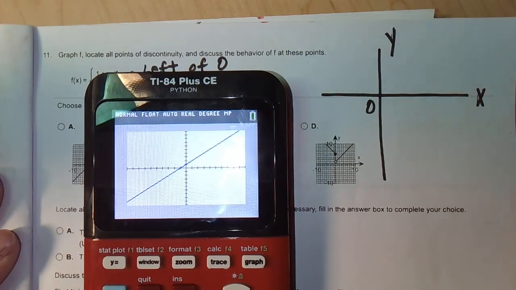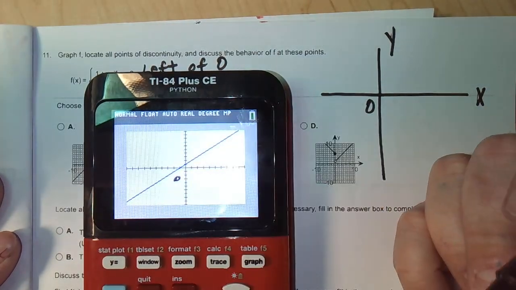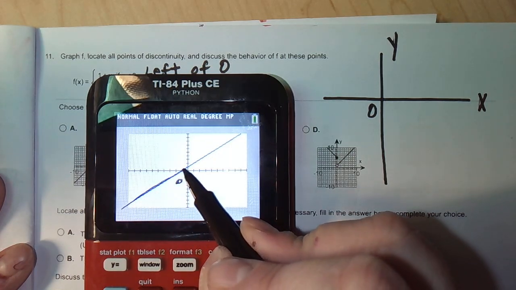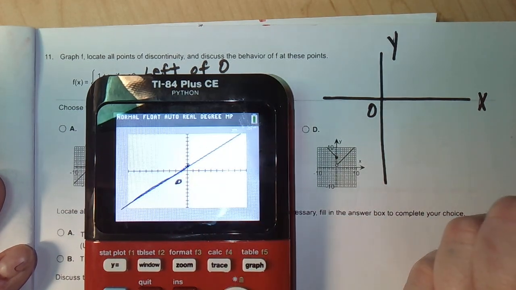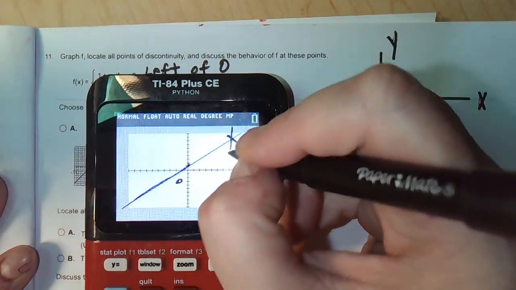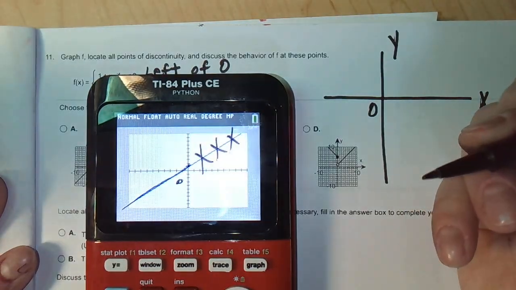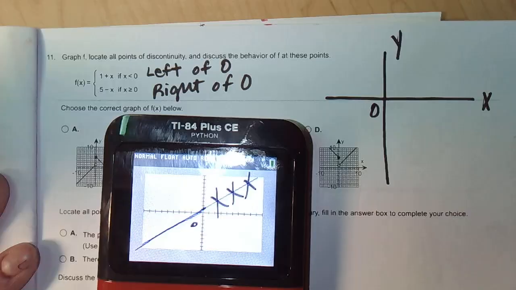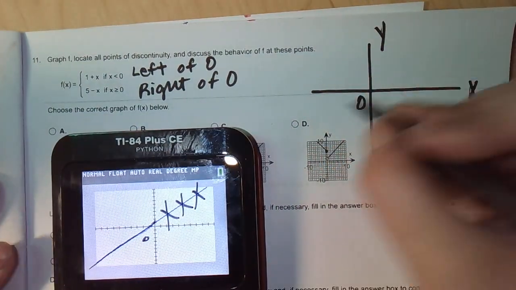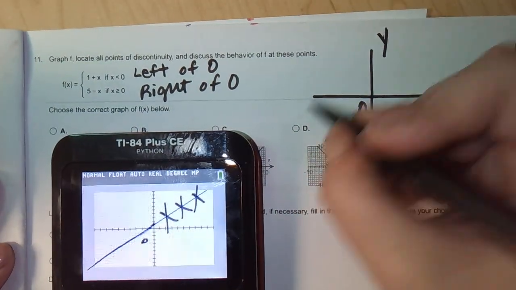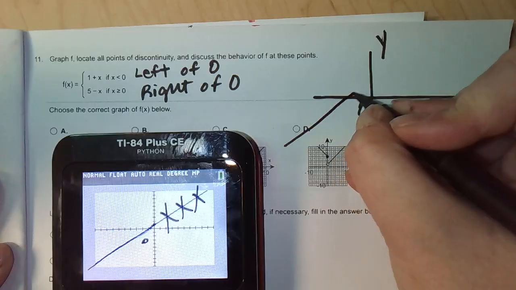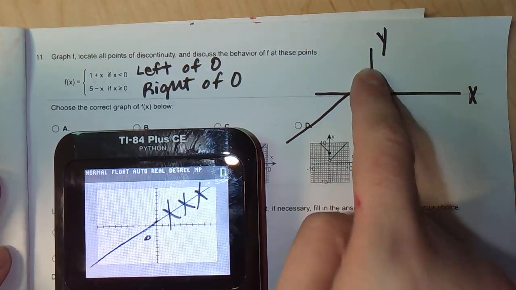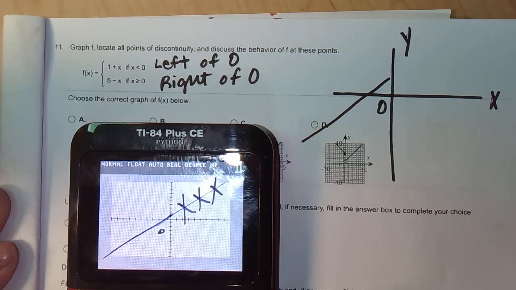Well, if 0 is in the middle, all I want is this portion. I don't want any of this because I only want this line for left of 0. So my line is going to look kind of like that, and it's about to touch here.